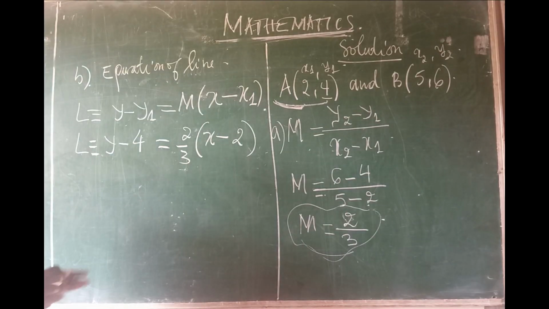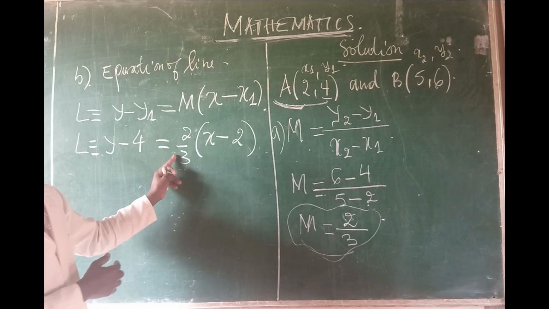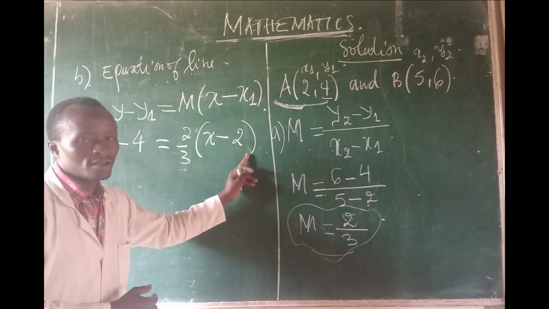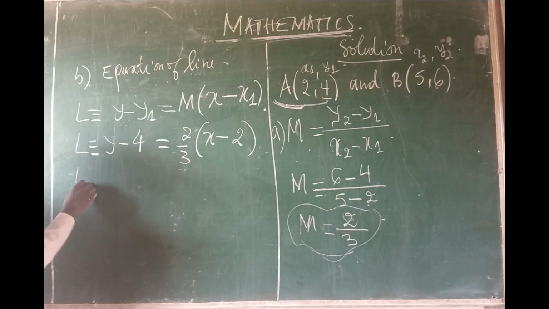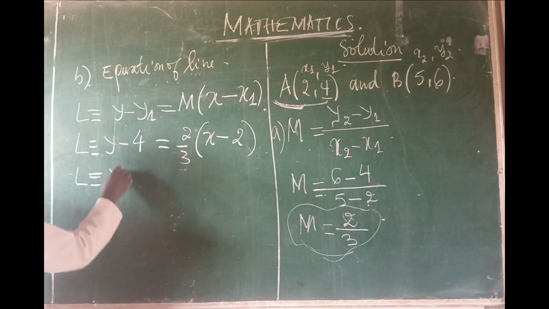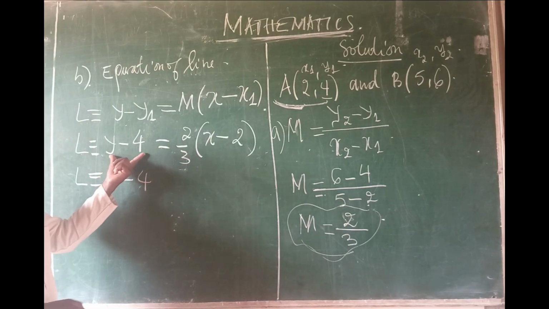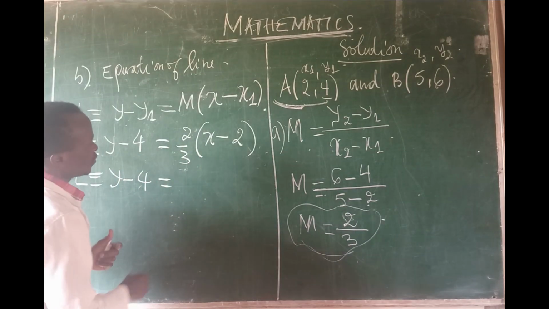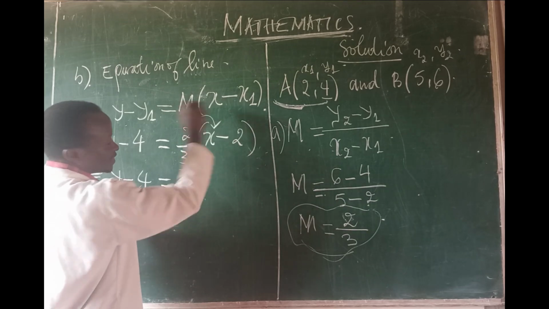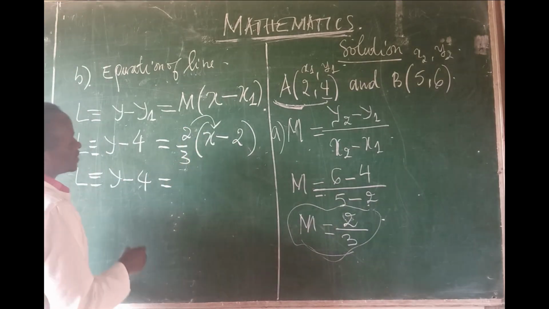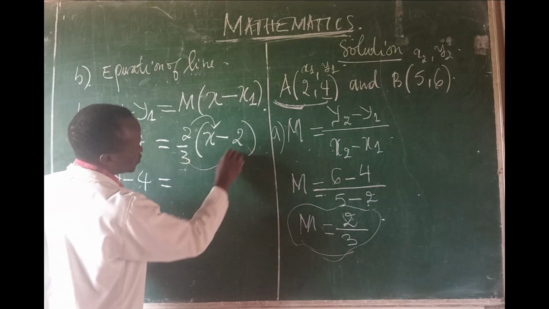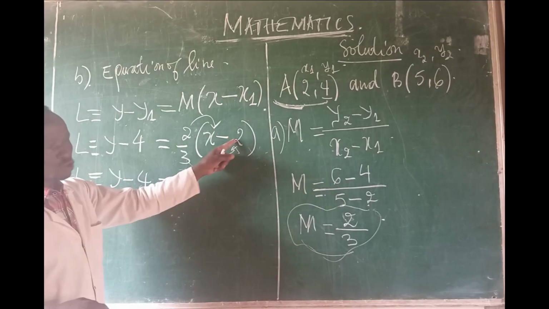Now at this step, we are going to multiply this gradient into this factor form. So now our line should be y minus 4, which is equal to, we take this fraction 1 times this x, and it will multiply this minus 2.